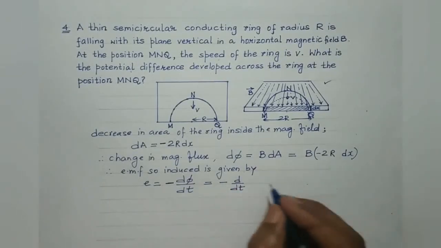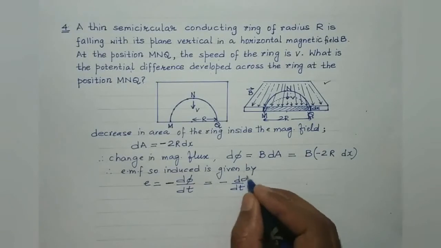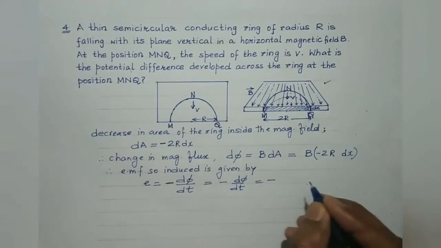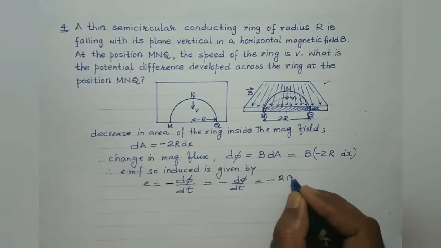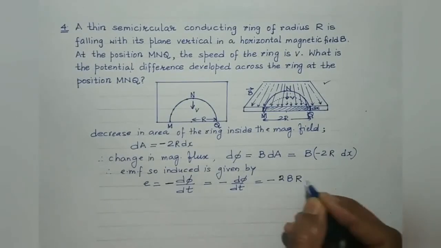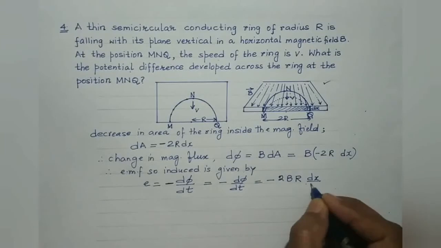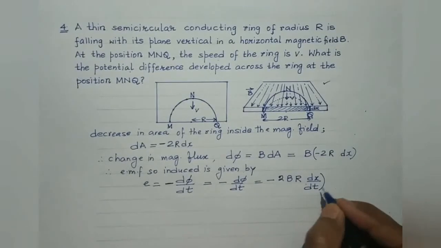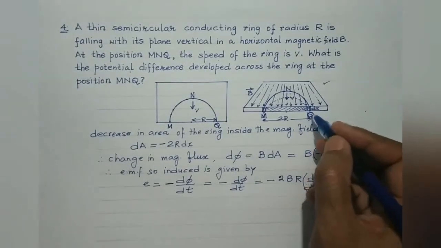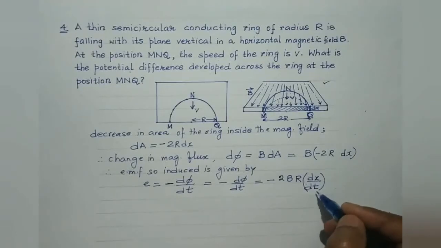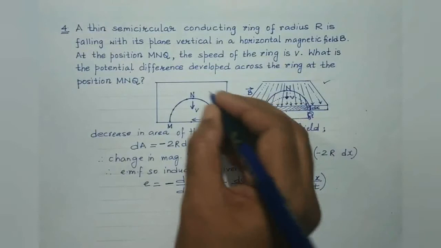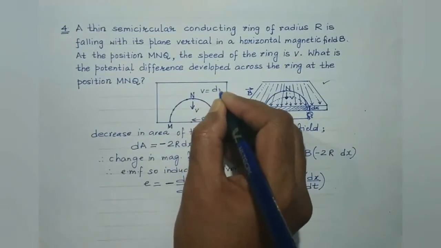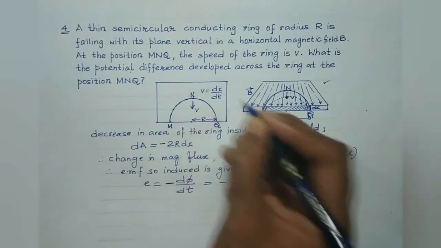In place of d phi, we can write minus twice B r dx by dt. And students, dx by dt, the rate at which the value of x changes, that actually will give the velocity with which the ring is falling.